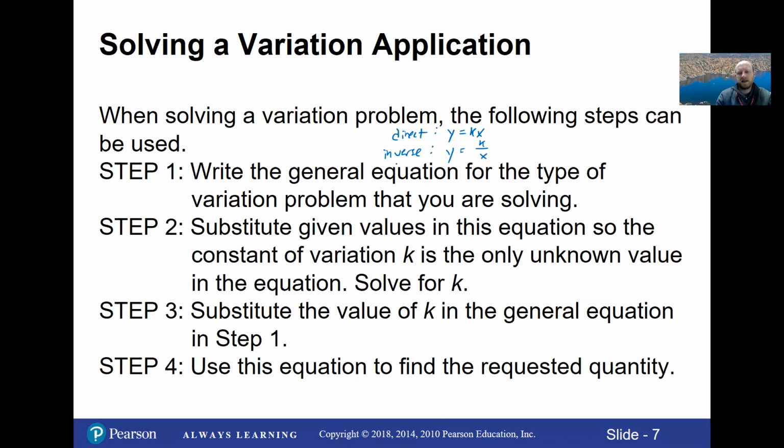So you have to find what type of variation it is, and you're going to find that in the question. It will say direct or it will say inverse. Then you substitute whatever values you're given into that equation and find the constant of variation, or k. And then you substitute the value of k that you found into the general equation in step 1, and use that equation to find the requested quantity.